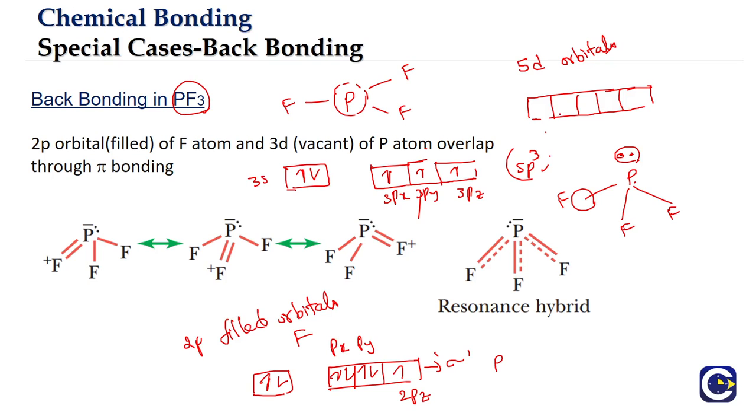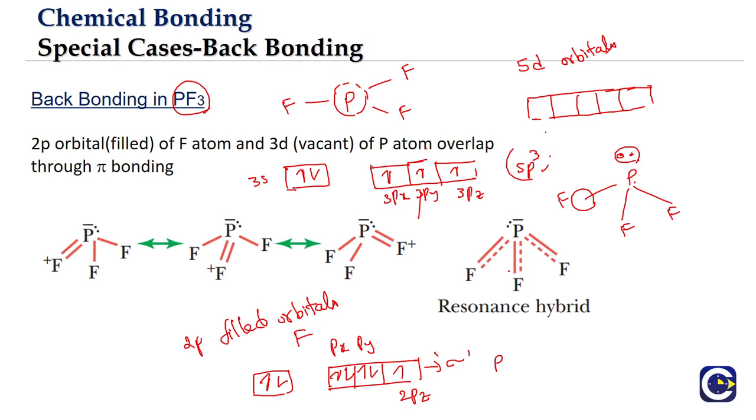Of course they will be vacant. We will not be filling the 3d orbitals, because as per the Aufbau principle, when we are filling electrons into the atom, we fill as per the increasing order of energy level. So after the 3p level, we fill 4s and then we start filling the 3d.